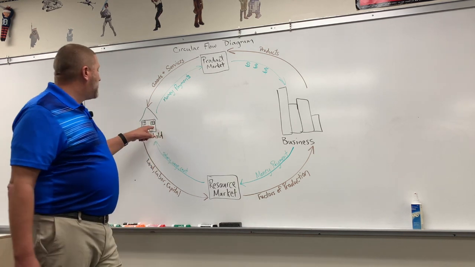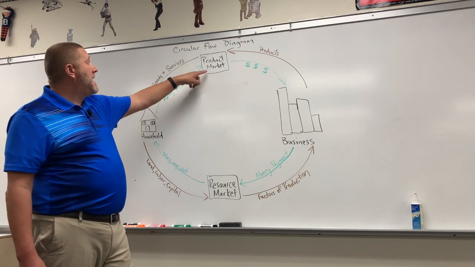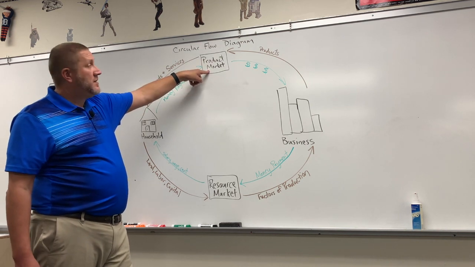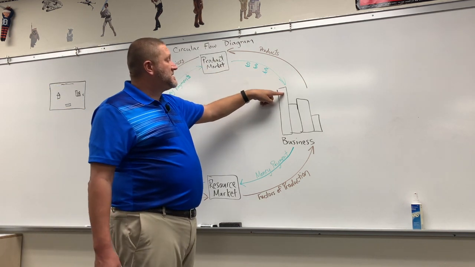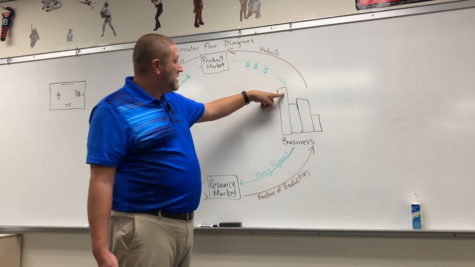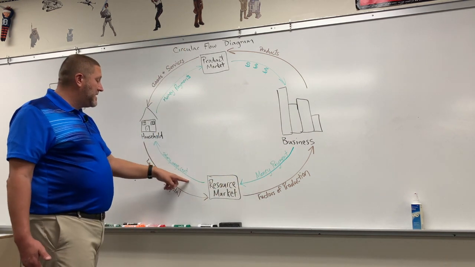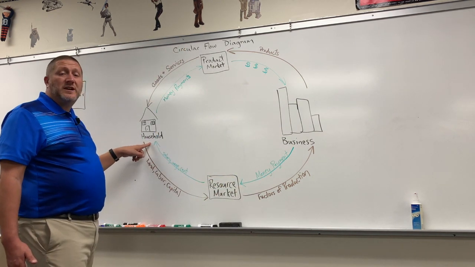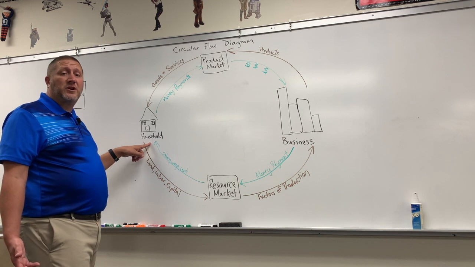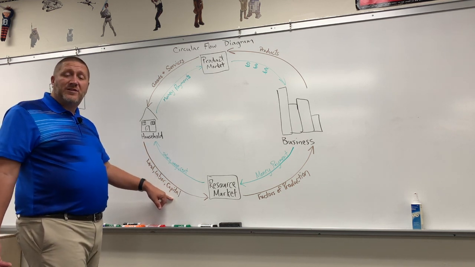If, for whatever reason, households don't pay for stuff, businesses aren't getting money. If businesses aren't getting money, then they're not going to have money to hire more workers. If they don't have money to hire more workers, the workers aren't going to be providing any sort of labor or anything else like that.